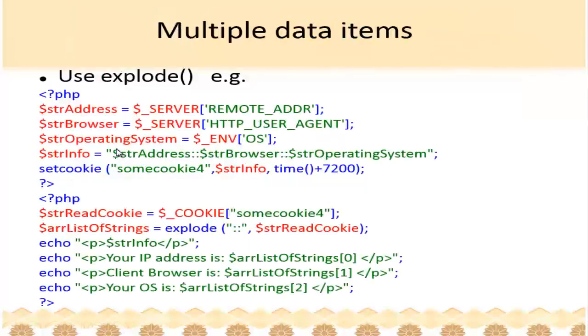The next one is how many values can you store? At a time you will be able to store one value within the cookie. If you want to store more than one value, you can concatenate them and make a large string, then store it onto the client side. So what I am storing here is I am trying to get the $_SERVER. This is one other global array that is used to get the details of the client.